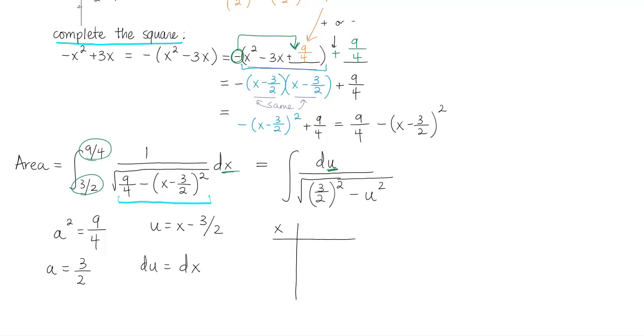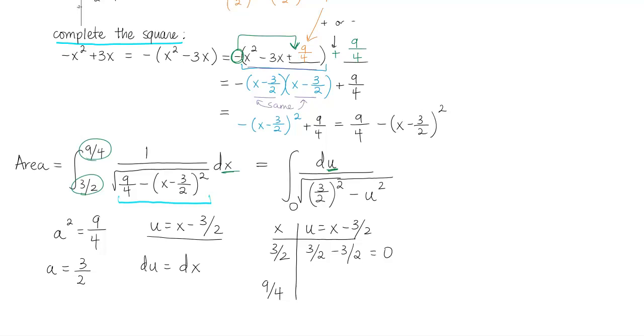I had x limits of 3/2 and 9/4, and I want to change them to u limits using the fact that u is equal to x minus 3/2. Same substitution that we have there. So when I substitute in x being equal to 3/2, I get u is equal to 3/2 minus 3/2, which is 0.